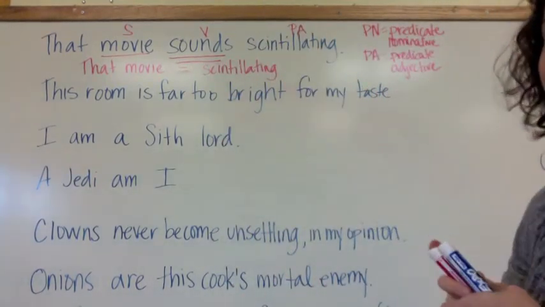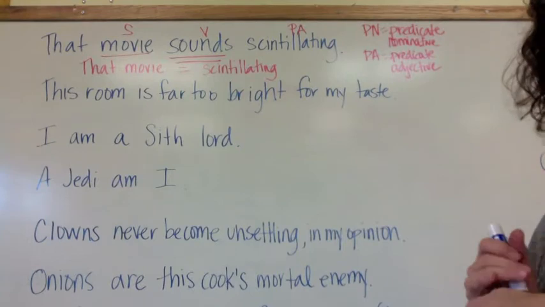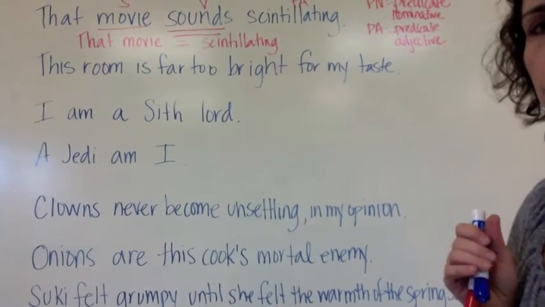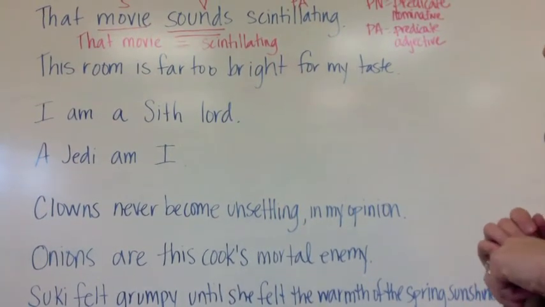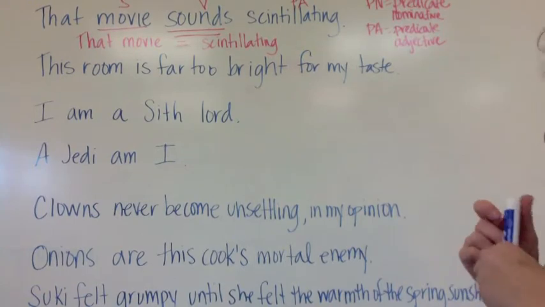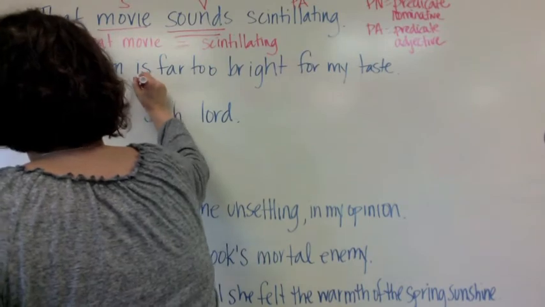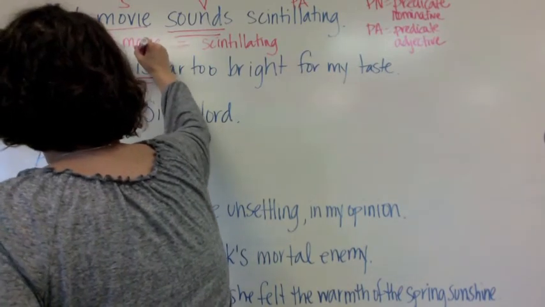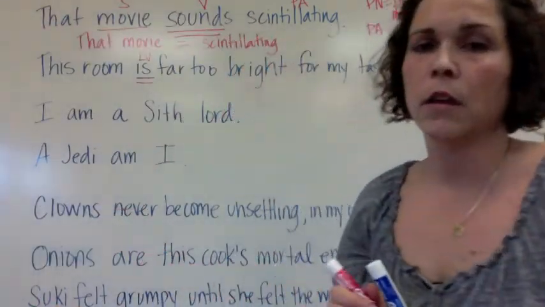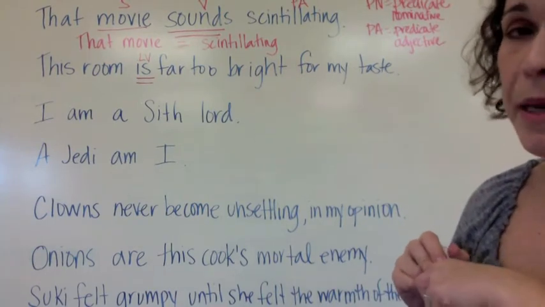Okay, moving on. This room is far too bright for my taste. Okay, so what's our verb? Our verb is. In this case, is a linking verb. It cannot be an action verb.